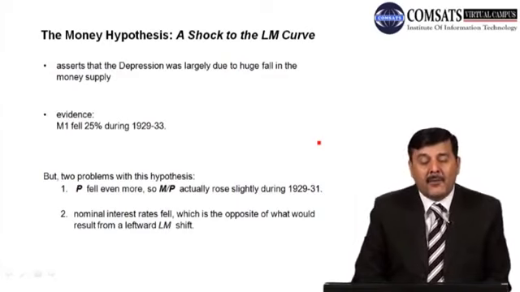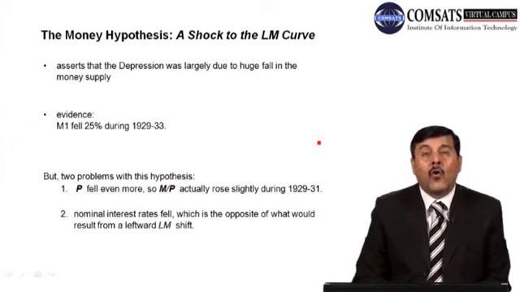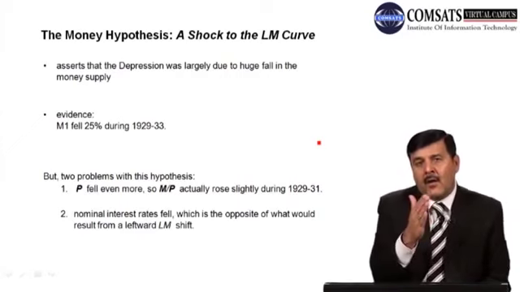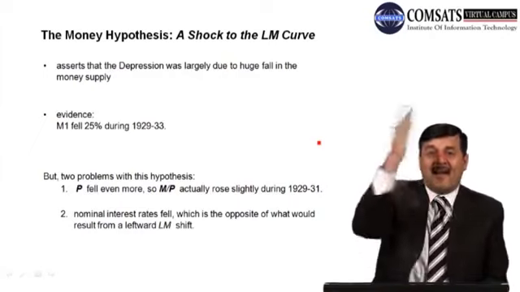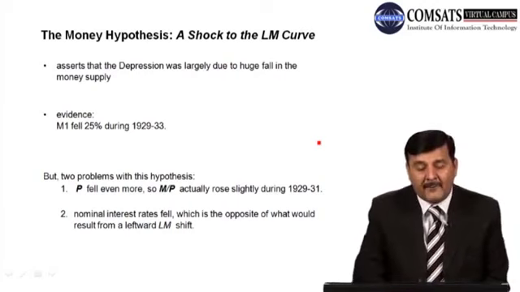But there are two problems with this hypothesis. There are two problems of this LM shock. One, P fell even more. So what happens? जब मनी सप्लाई में कमी वाक़या हुई तो प्राइसेस में उससे ज़्यादा कमी वाक़या हो गई. So actually M/P actually rose slightly during 1929 to 31.